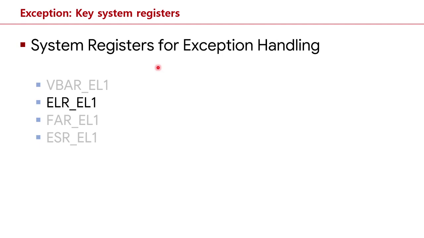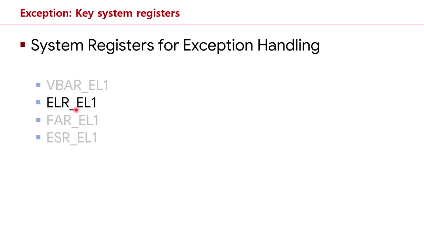Now let's analyze another important system register for exception handling. That register is ELR_EL1 register. Unlike VBAR_EL1 register, the ELR_EL1 register is updated every time an exception happens.